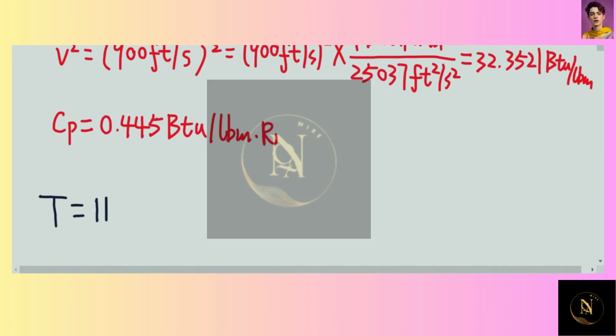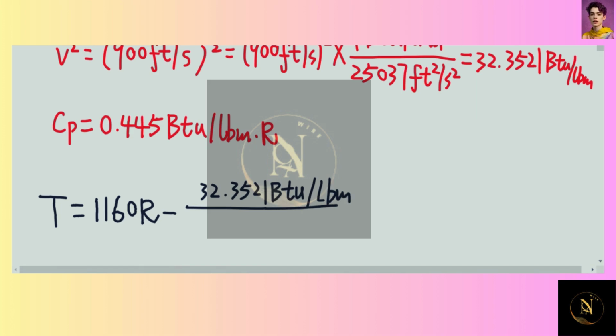1160 Rankine minus 32.3521 British thermal units per pound mass over 2 times 0.445 British thermal units per pound mass times Rankine.